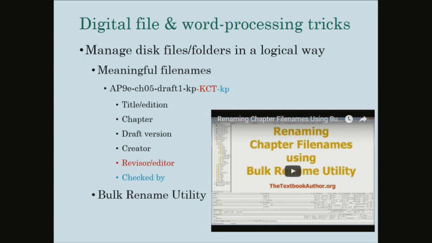And it does all of them. So in my big book, I have 48 chapters, plus front matter, end matter, glossary, appendices, and things like that. So I have a lot of files, and I can do them in a minute and a half. They're all renamed. So I strongly recommend you take a look at that, and it's free. So that's another thing to be said for it.